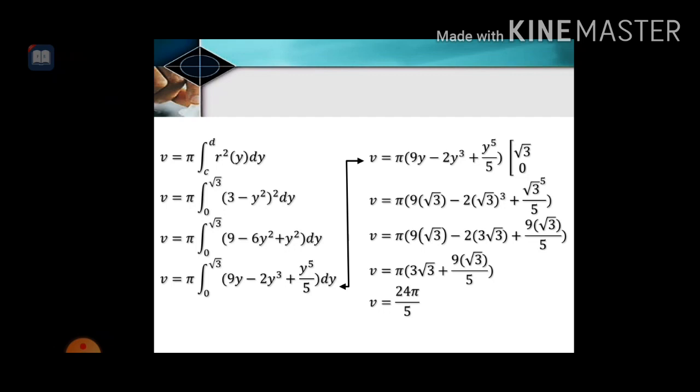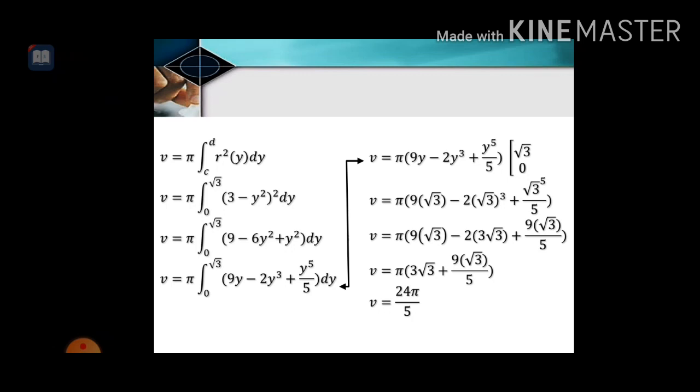So now V is equal to pi integral from c to d of r squared dy. V is equal to pi integral from 0 to square root of 3 of (3 minus y squared) squared dy. So V is equal to pi integral from 0 to square root of 3 of (9 minus 6y squared plus y to the power of 4) dy.